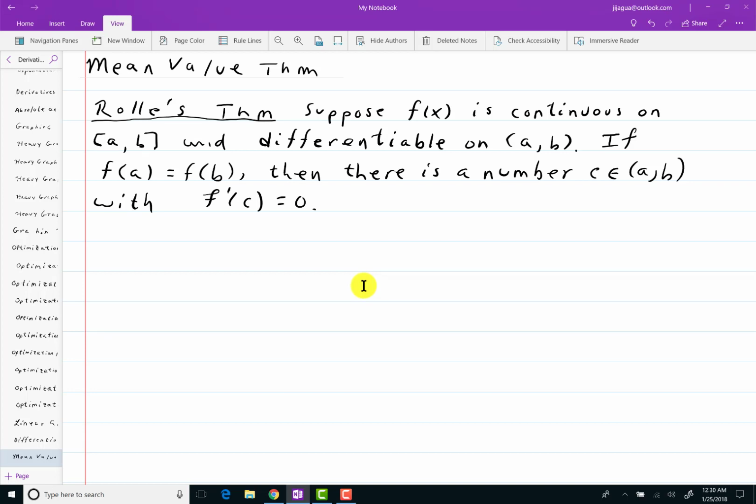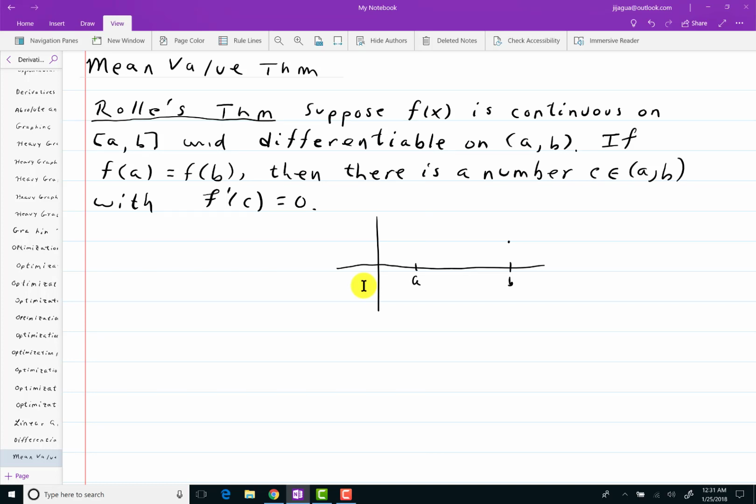So in particular, a quick picture might look something like this. You would expect this if you were to have any kind of a function from A to B that's continuous on the whole thing and differentiable there as well, where they start at exactly the same height.